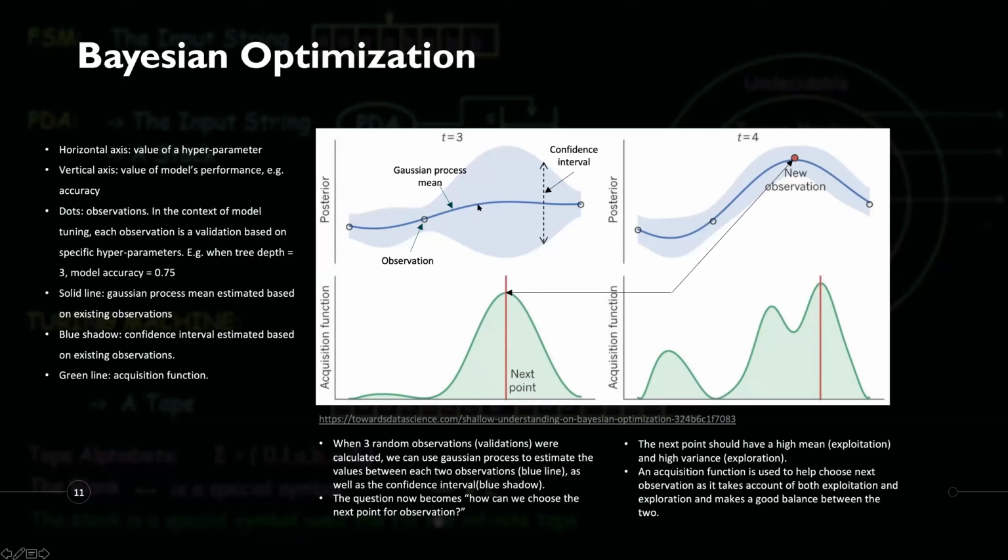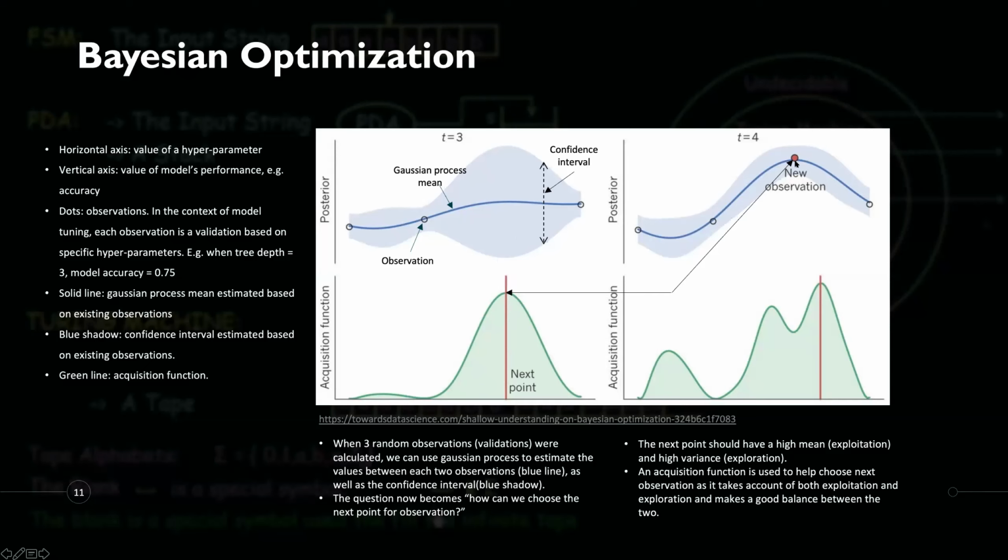In our case, having 3 observations, the most promising value to go with is this red one, which gives us a good balance between exploitation and exploration.